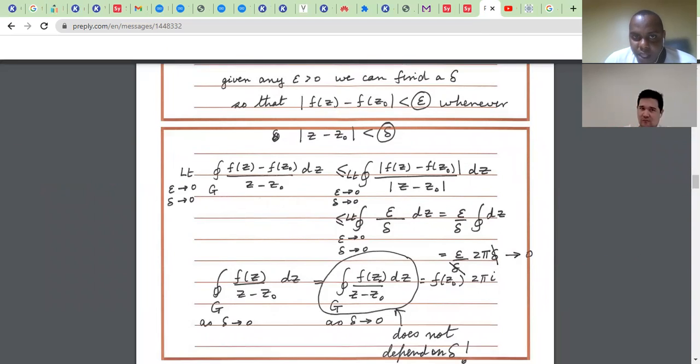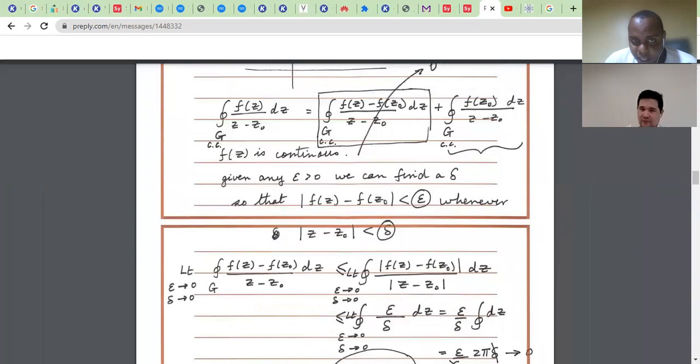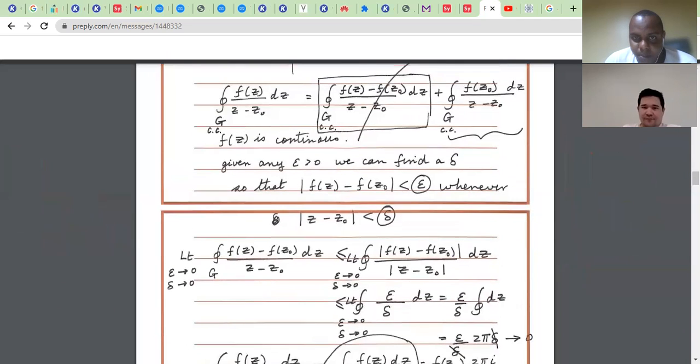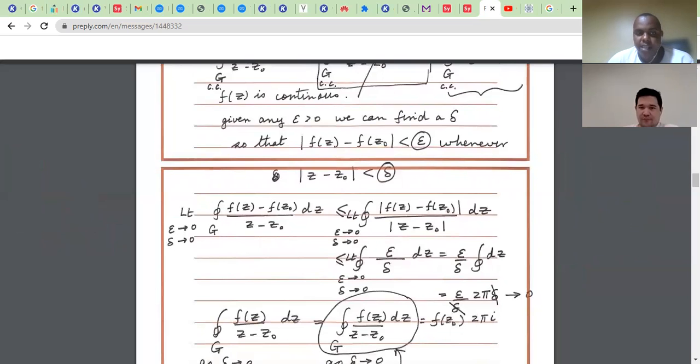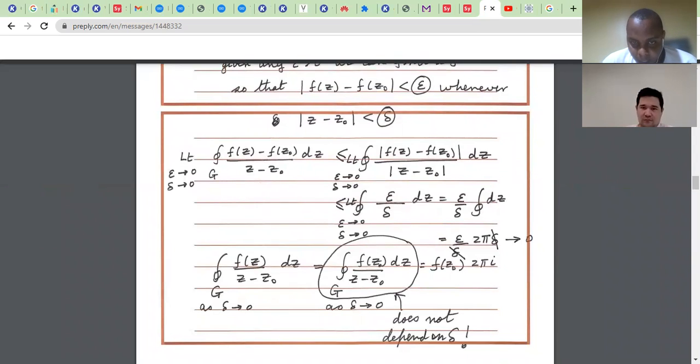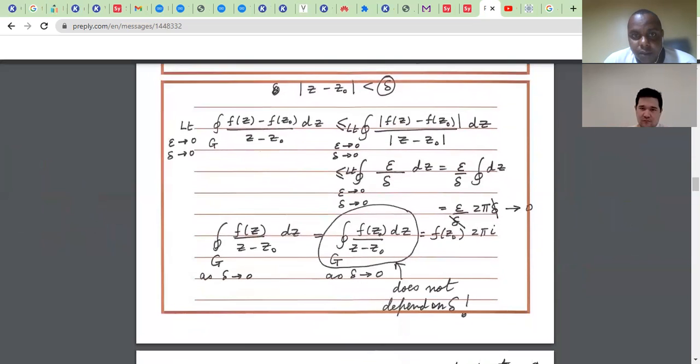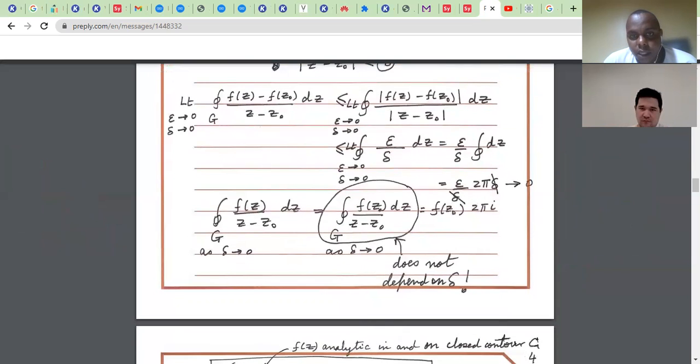So there they are showing that the function f of z is continuous using the epsilon delta notation of continuity. And then what are they doing at this point?